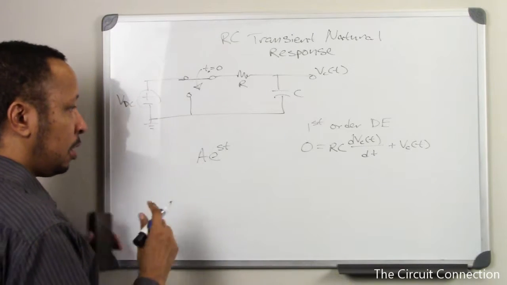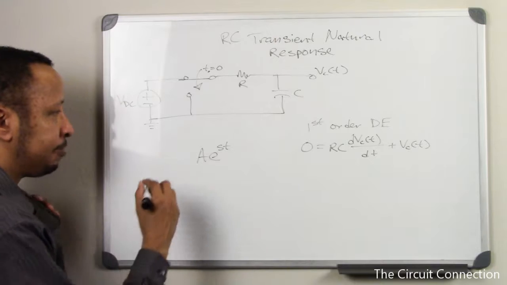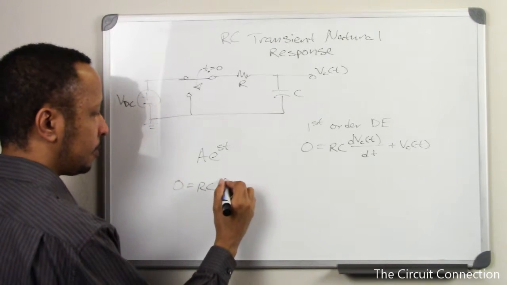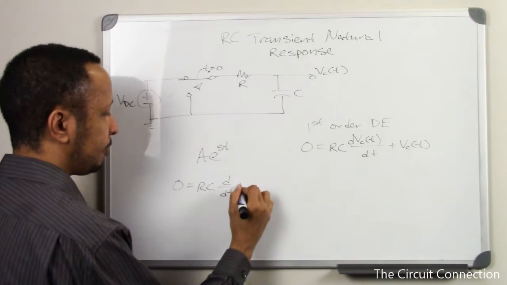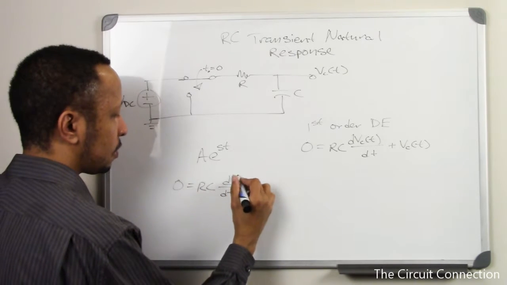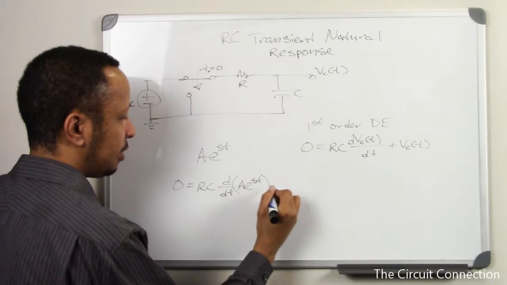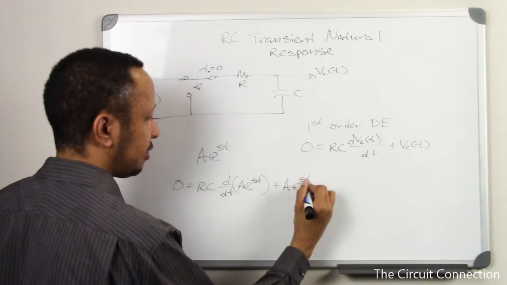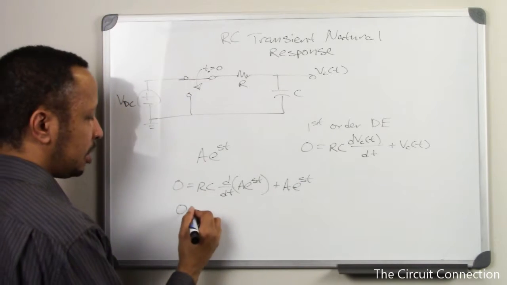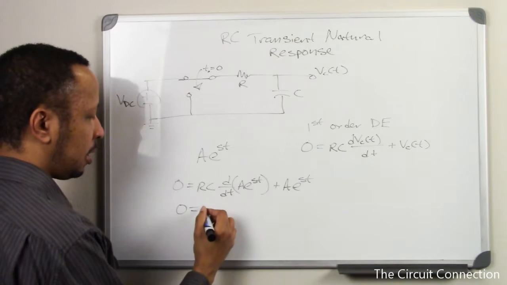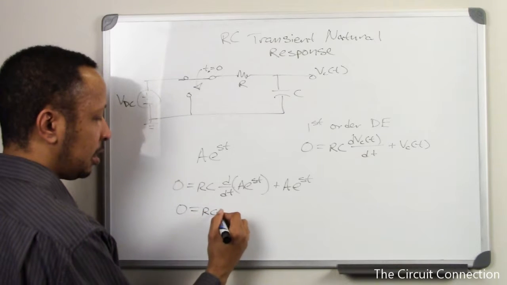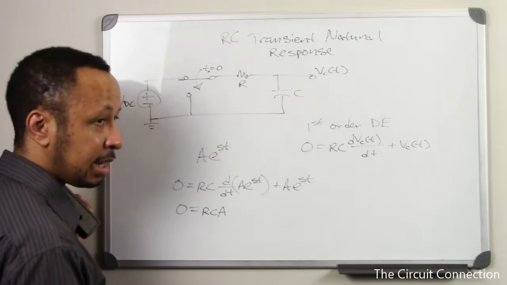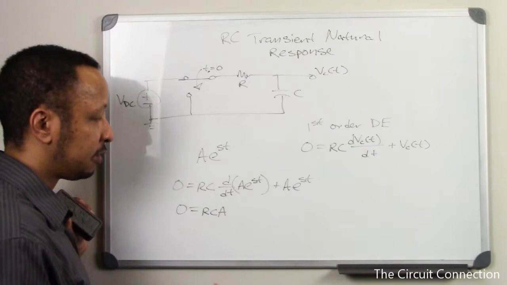Okay, so 0 equals R times C d dt of a e to the st plus a e to the st. Now when we differentiate that, what do we get? We have RC, a comes out in front, and then we're differentiating st with respect to t.